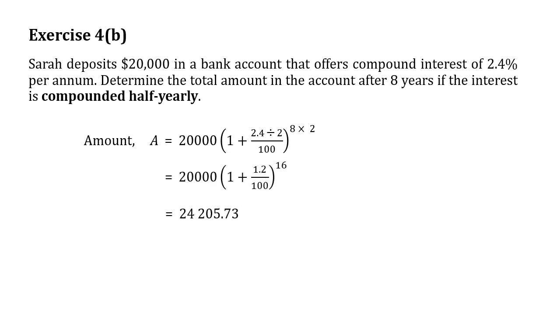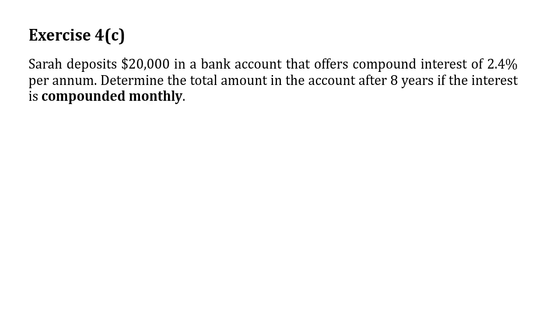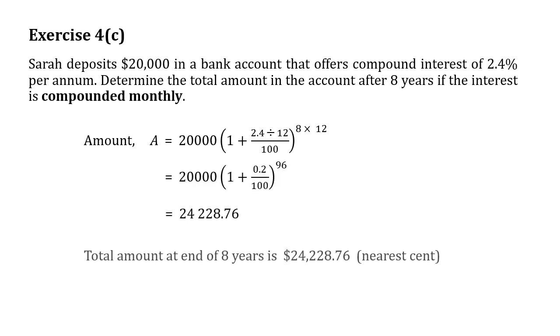And this is what we get, the total amount in the account at the end of 8 years. Another example where interest is compounded monthly. So we use the formula, but for N, it is 8 times 12, and for R, it is 2.4 divided by 12. And that is the total amount at the end of 8 years.